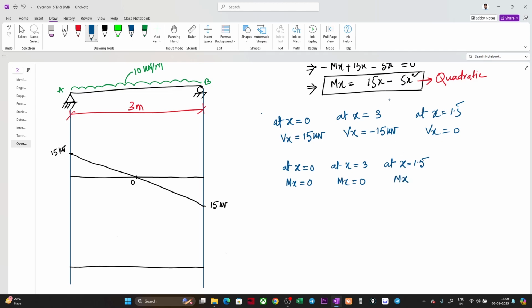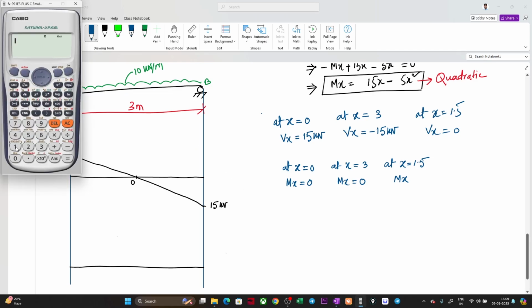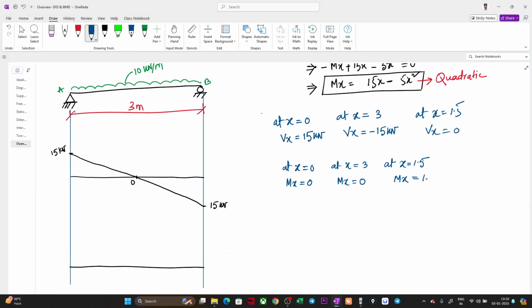Mx equal to 15 into 1.5 minus 5 into 1.5 square, so it is equal to 11.25 kilonewton meter.